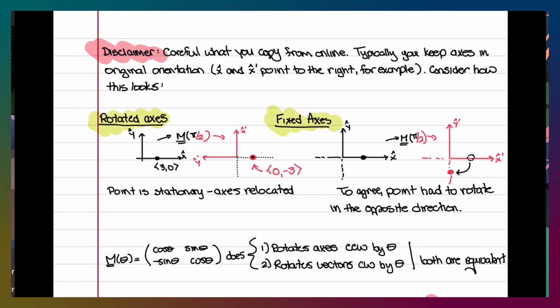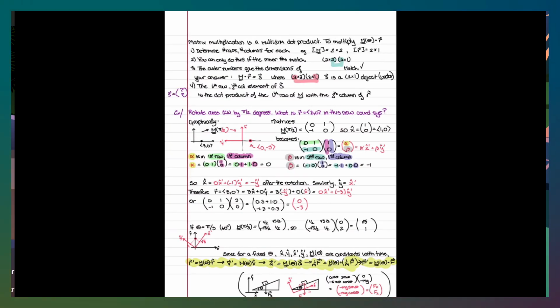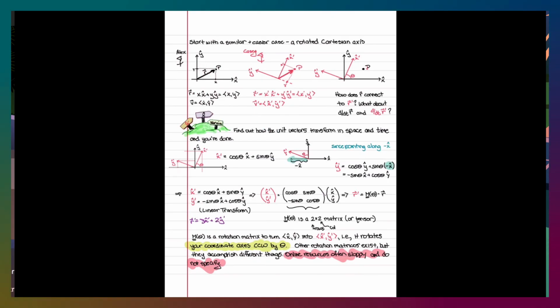Some quick disclaimers, because again, the internet is very sloppy. You might see different things going on. So again, when I wrote down what that matrix was, somewhere here, I said that this was a matrix that rotated the coordinate axes counterclockwise by theta.